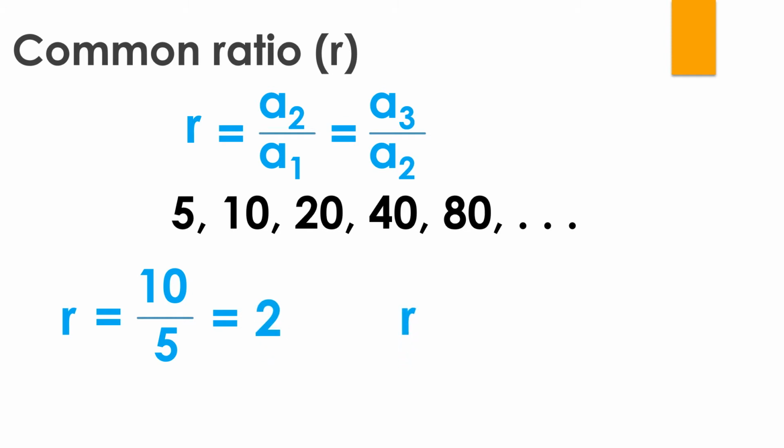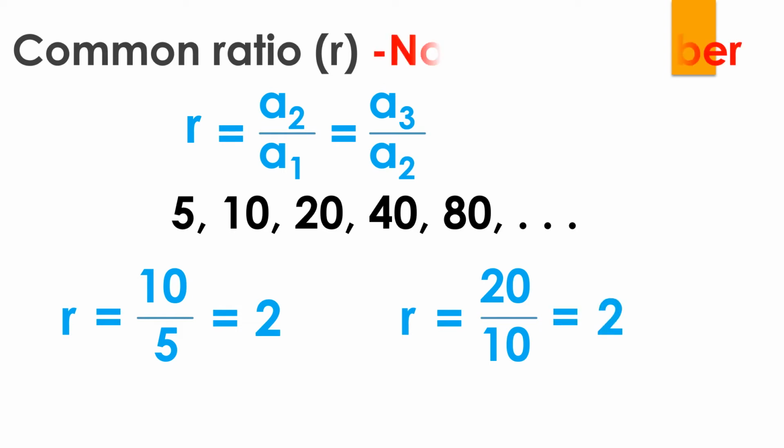Or we may use another pair of terms, like the third term, which is 20, divided by the second term, which is 10, and that is also equal to 2. Take note that the common ratio is a non-zero number.